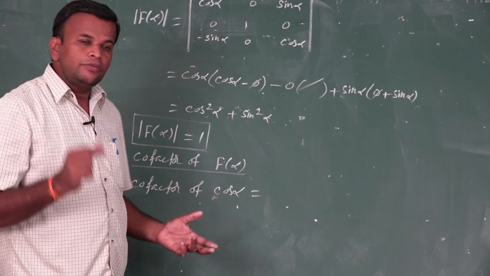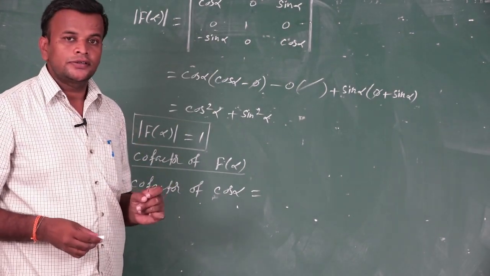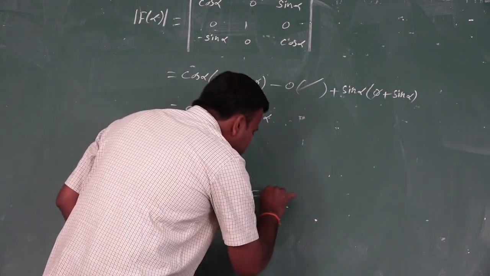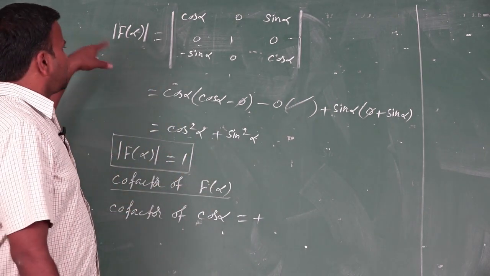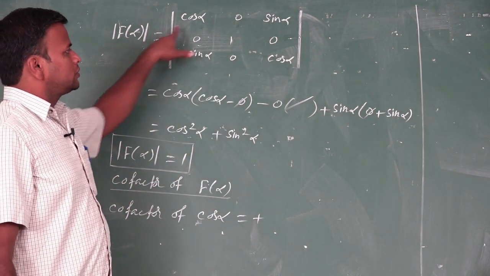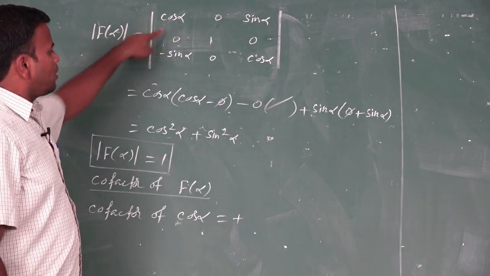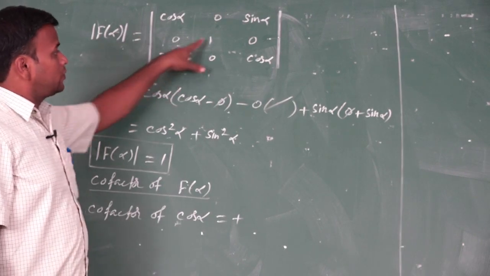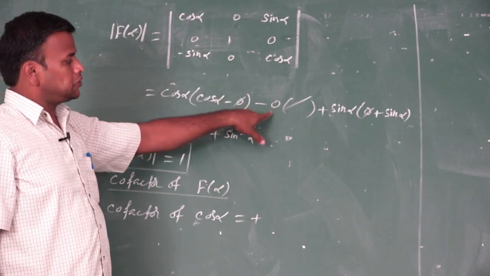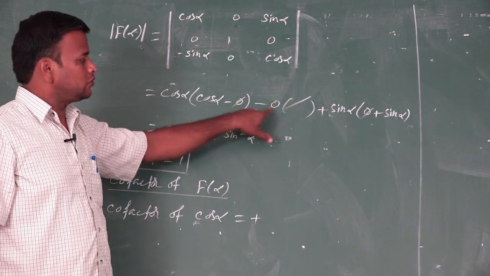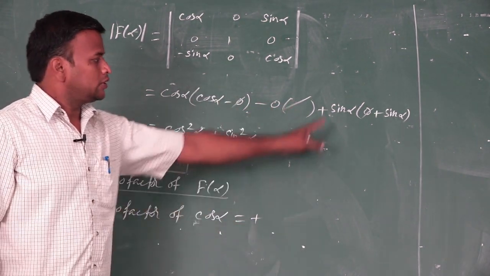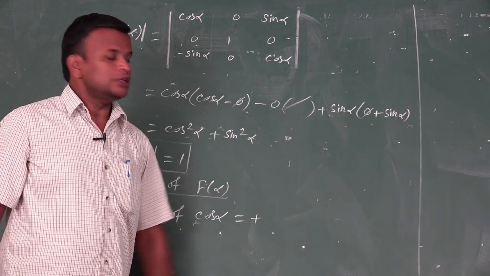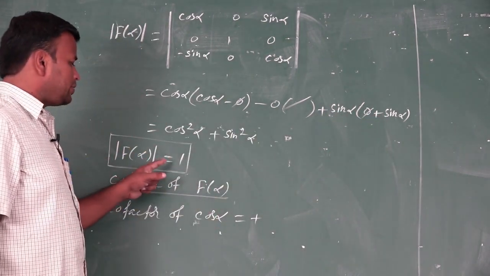The sign of this cos alpha, you remember, is plus. Determinant f of alpha, determinant symbol. Cos alpha of, we already explained. I tell again, cos alpha minus 0. 0 is there, so I don't explain. 0 to anything is always 0. Sin alpha, that is 0 into sin alpha. So that value is 1.